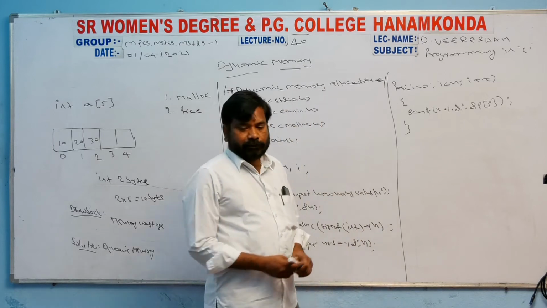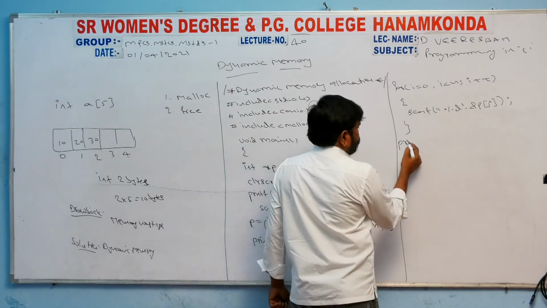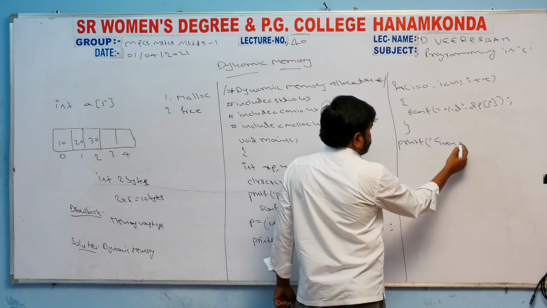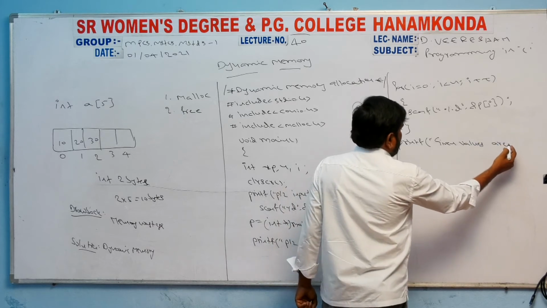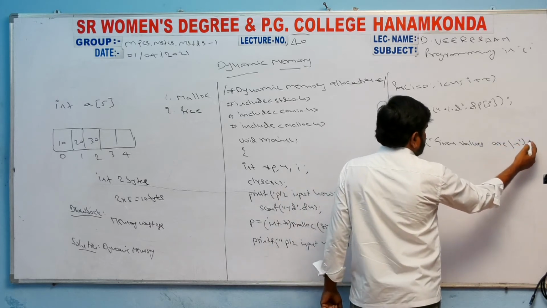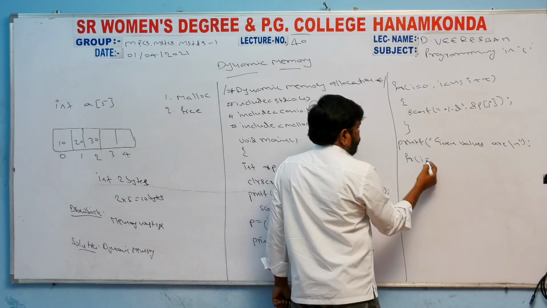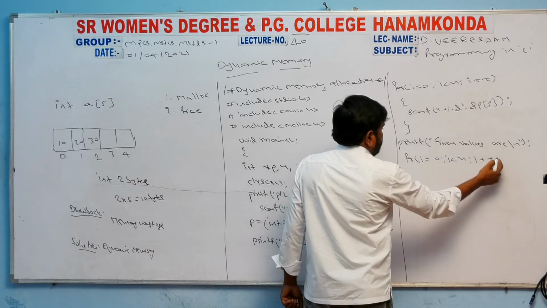Is that right or not? So for that, printf given values are. First I am taking for i is equal to 0, i less than n, i plus plus.